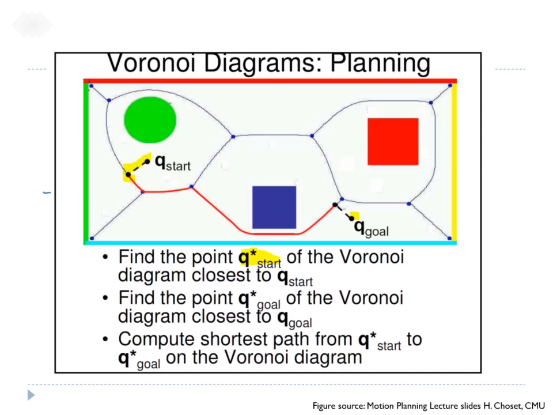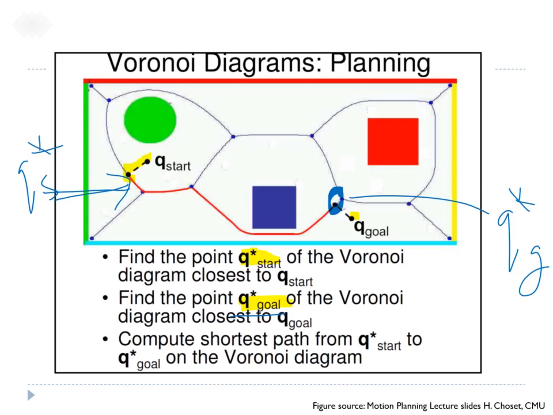This point is Q star start. And also we find out another point, that is Q star goal. So this point Q star goal is somewhere here. So you can see that this is Q star goal.